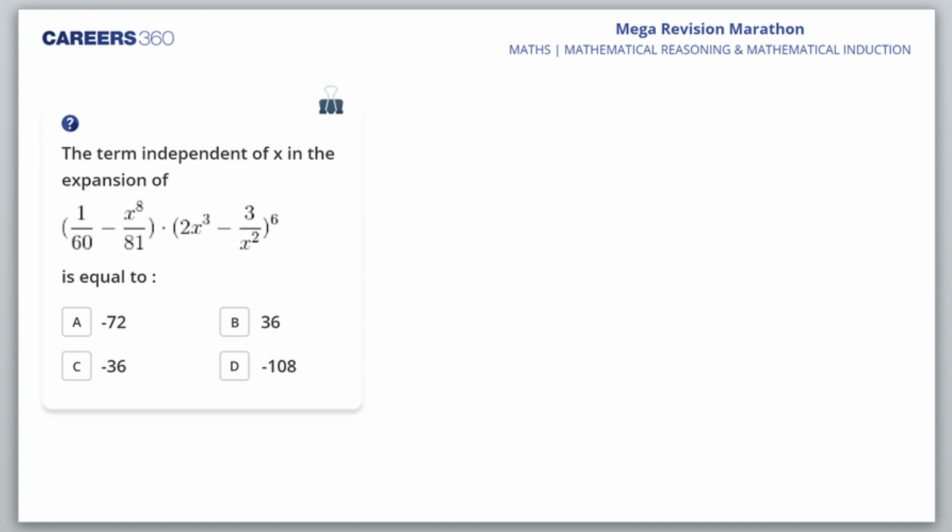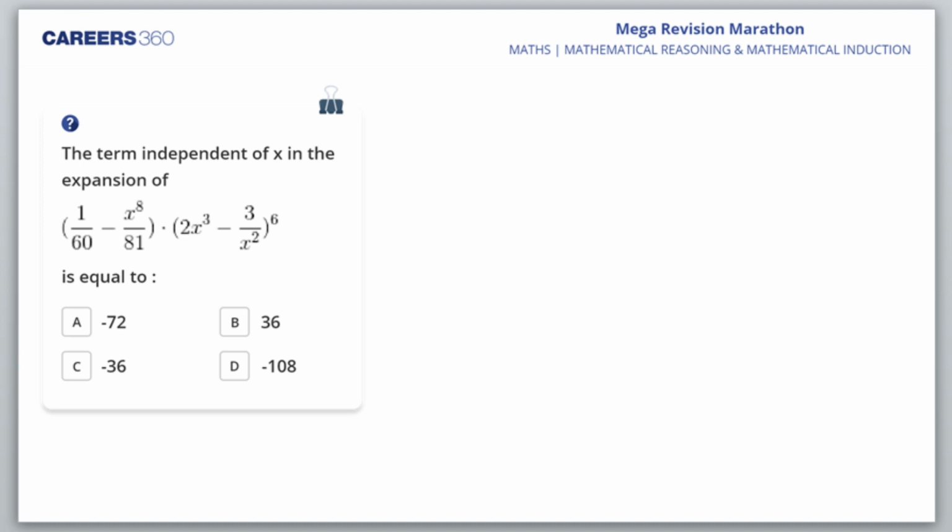Okay. So the next question is term independent of x in the expansion. So we have two brackets, and their multiplication is that I want that term which is independent of x. So what is that? Tell me, how would you do this?